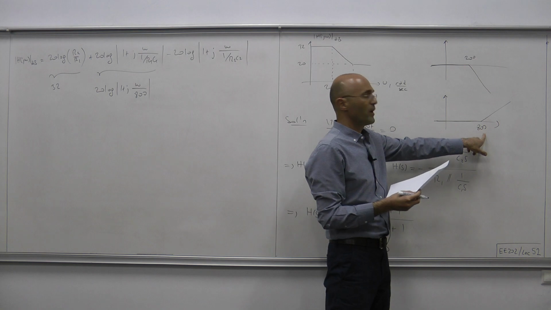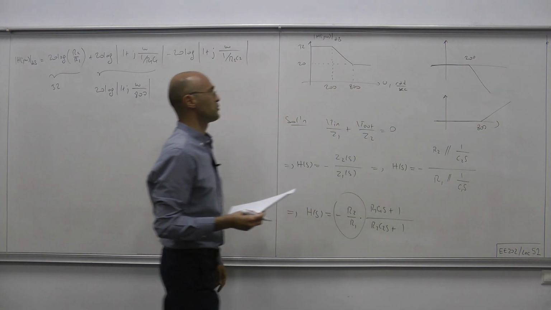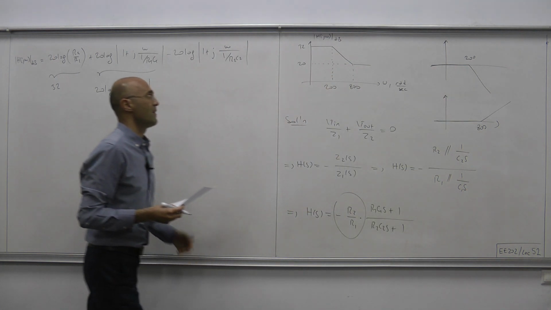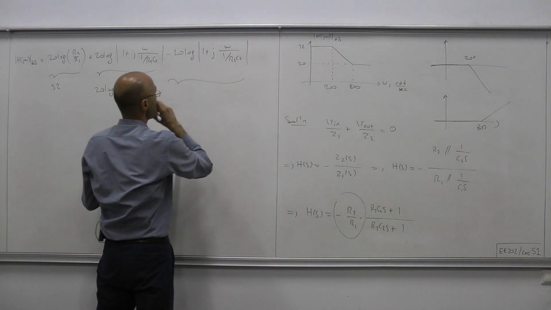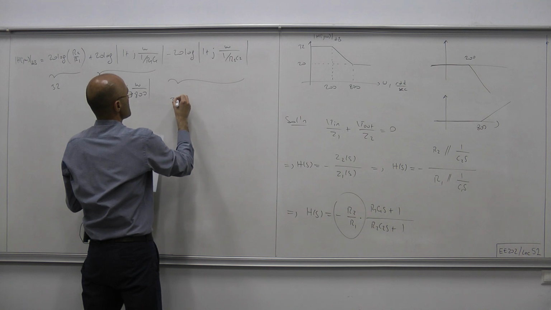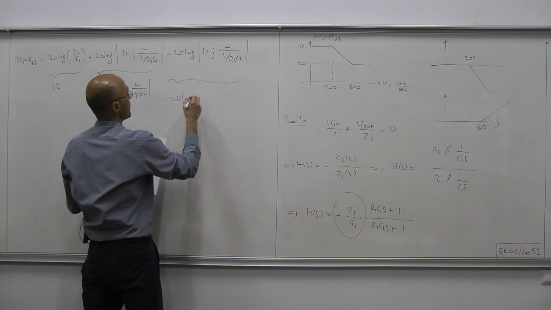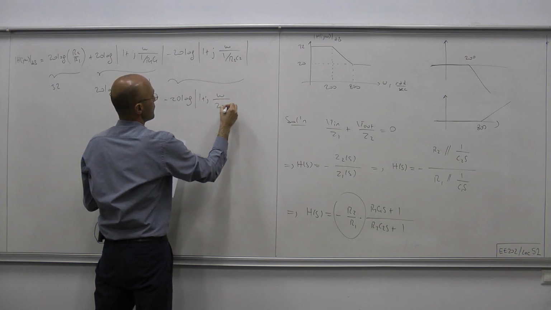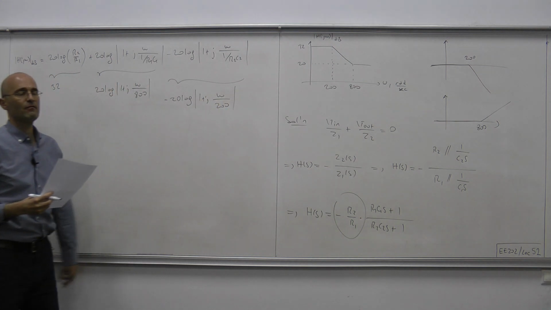And we have for 800 the positive slope. And what remains is only this guy, and that must be represented by the last term, minus 20 log 1 plus j omega over alpha 2, and alpha 2 is 200.